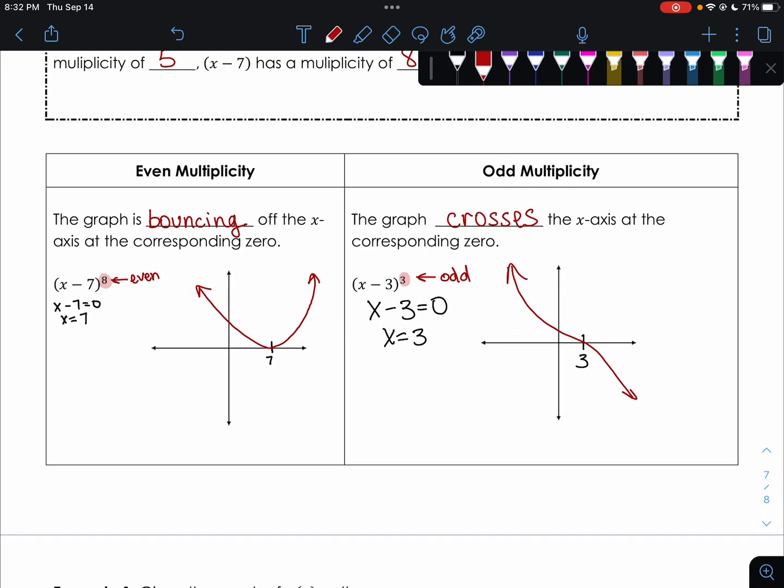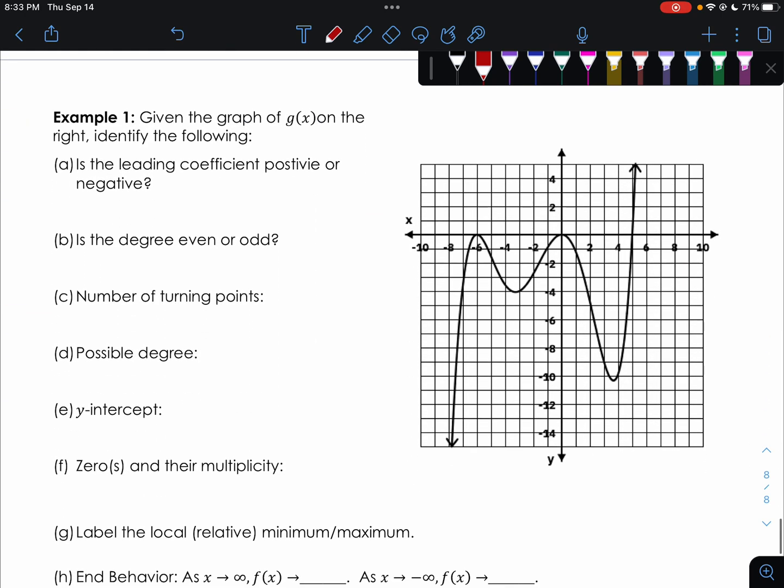Now, we're going to put this all together as well as the end behavior from the other day. So here we go. Given the graph of g of x on the right, identify the following. Is the leading coefficient positive or negative? Well, I look at my right side. My right side is going up, so it is positive, because the right side goes up.